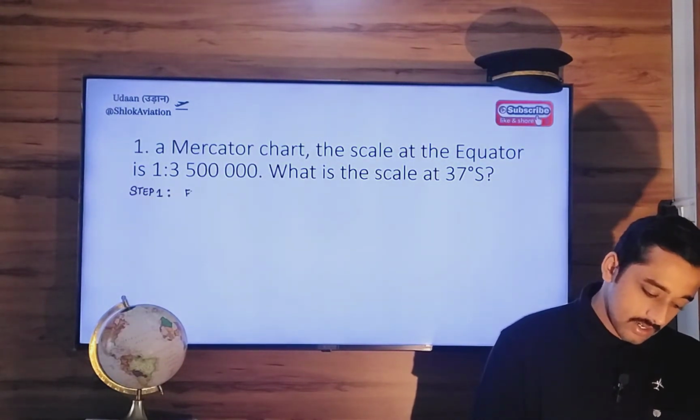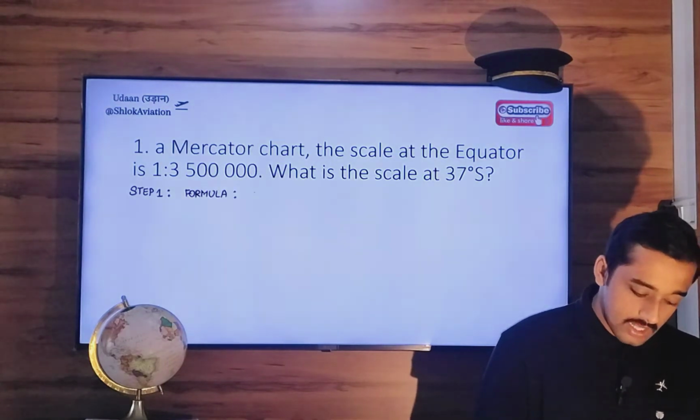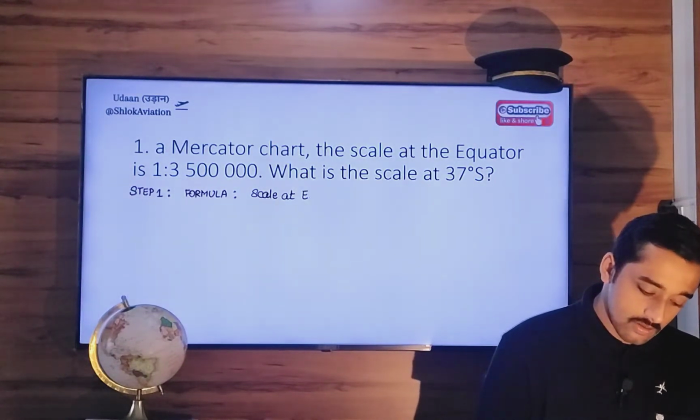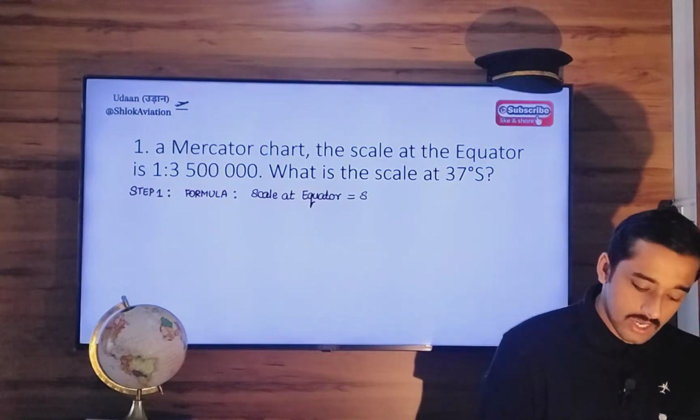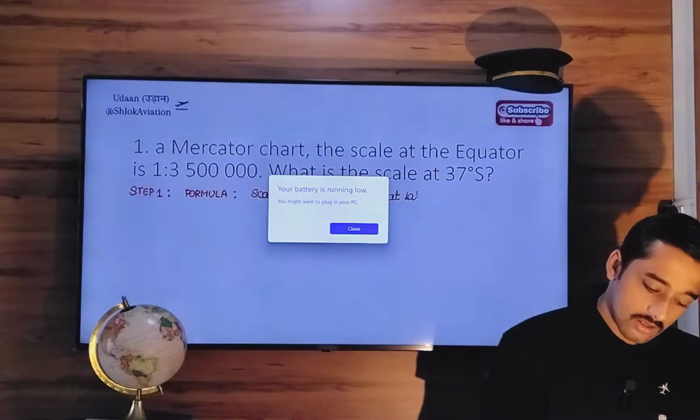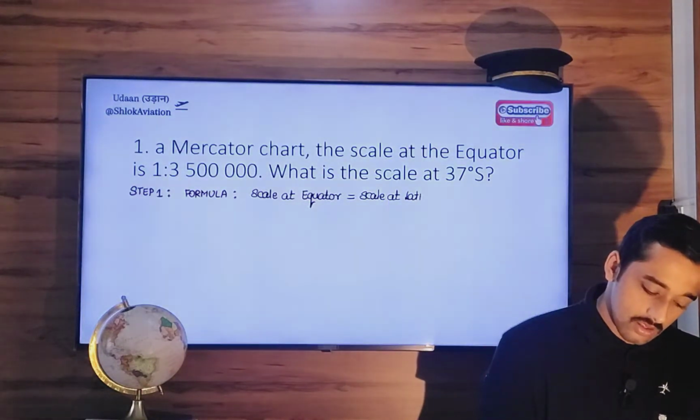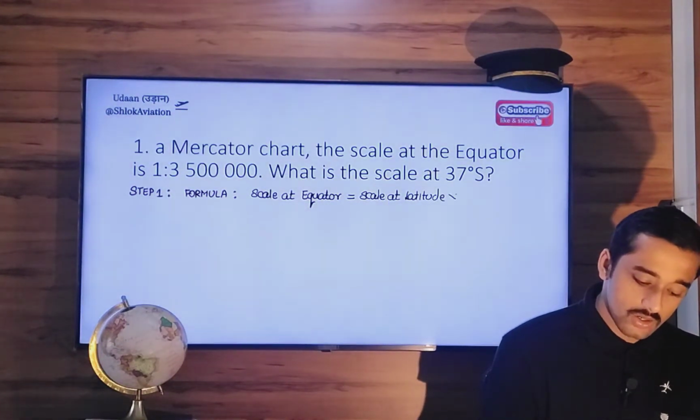The formula says that scale at equator equals to scale at a particular latitude into cos of that latitude.